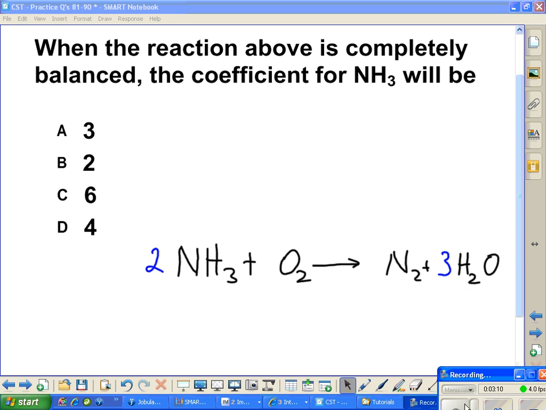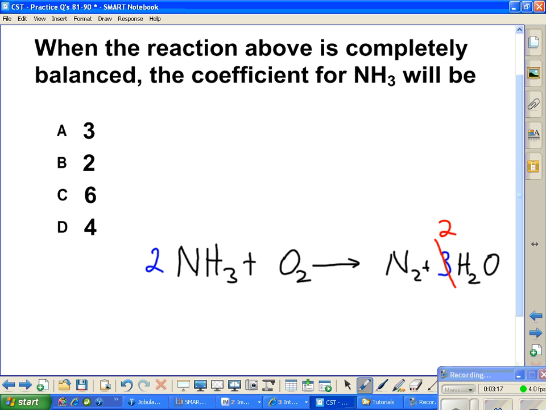So what I plan to do is cross this out and double it, so I will get an even number. But because my hydrogens and nitrogens are balanced, everything that has hydrogen or nitrogen in it has to be doubled as well. Nitrogen, which sits right here, has no coefficient, so when I multiply by 2, it's just 2.